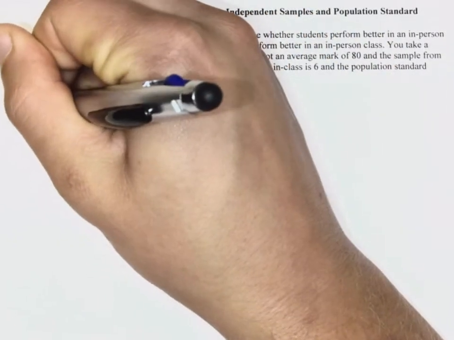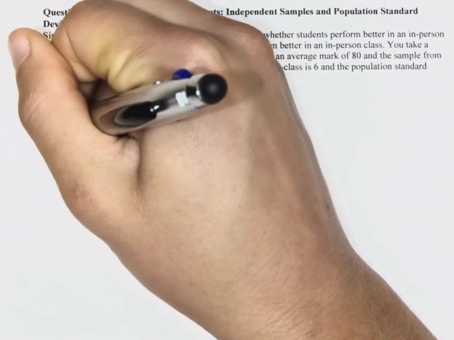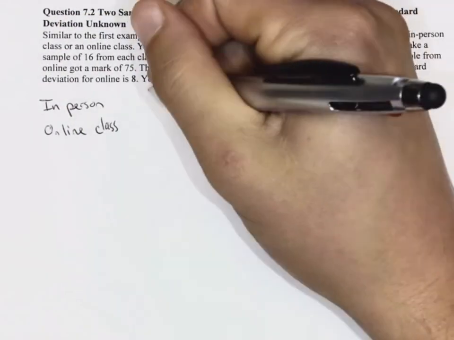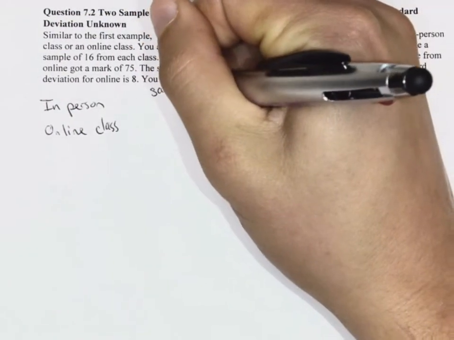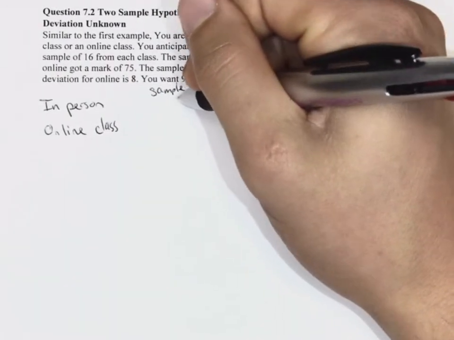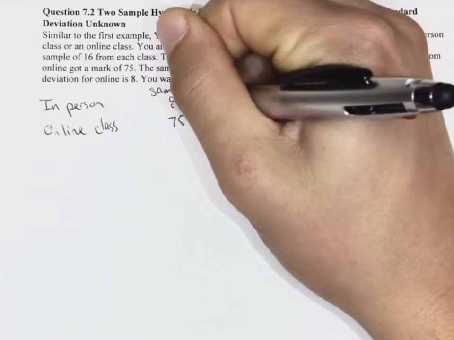So we have in-person classes and online classes. Our sample mean for in-person is 80 and 75 for online.